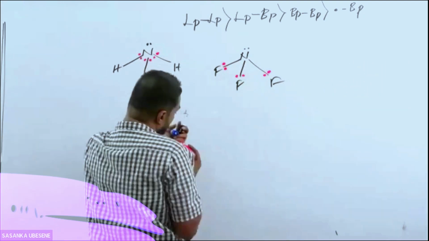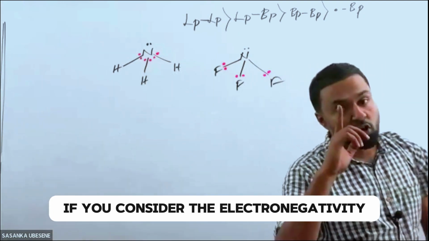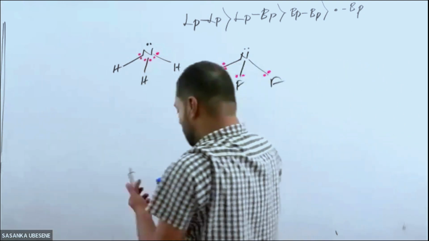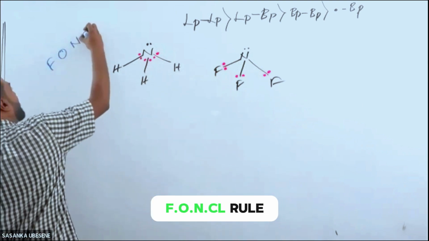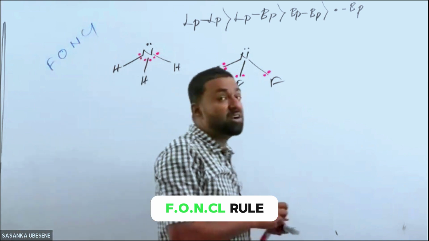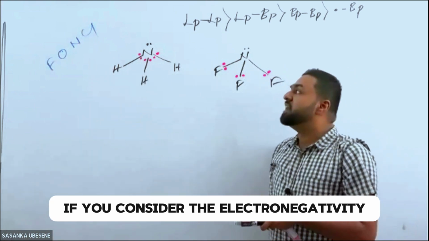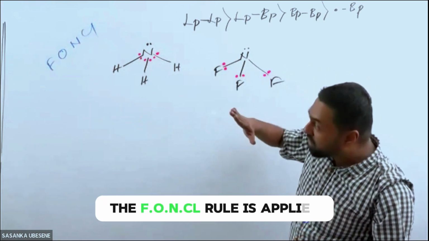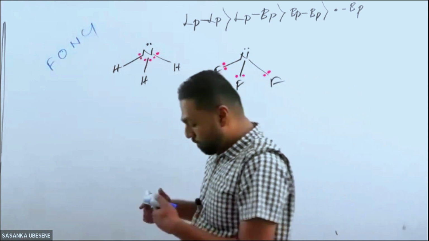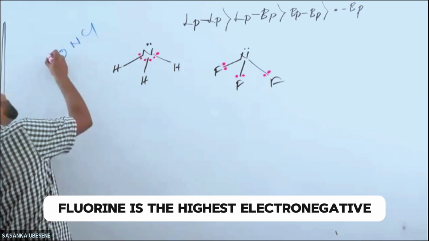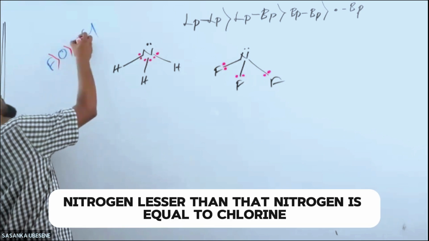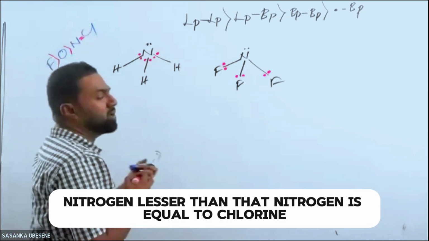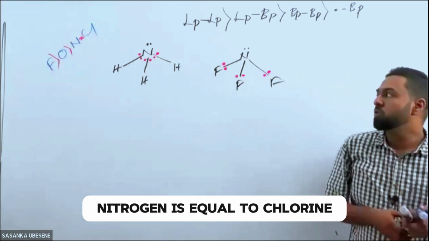If you consider the electronegativity, the FONCl rule is applied. Fluorine is the highest electronegative, oxygen lesser than that, nitrogen lesser than that, nitrogen is equal to chlorine.